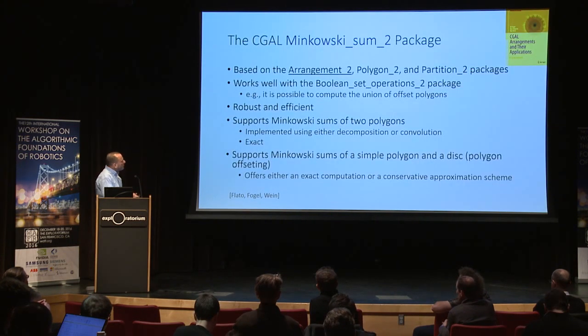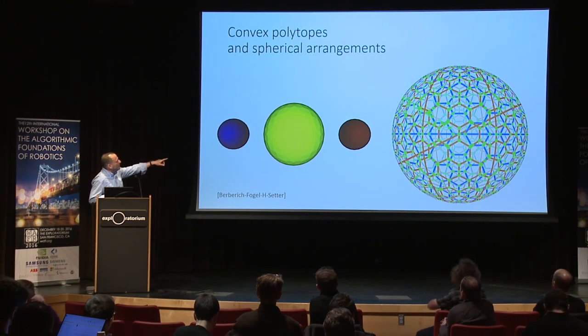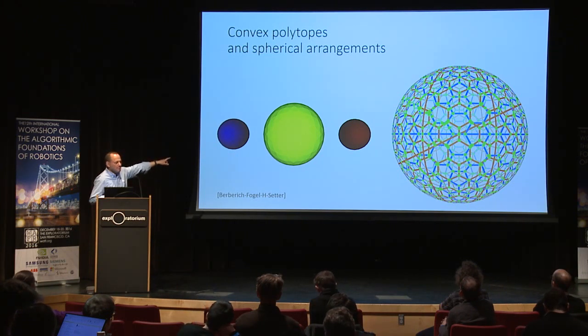I spoke so far on two-dimensional Minkowski sums. We also do Minkowski sums of polytopes. The way we do it, we take the Gaussian map of the two polytopes and we overlay them on the sphere, and we compute the overlay on the sphere, and this gives you the Minkowski sum of the two polytopes.